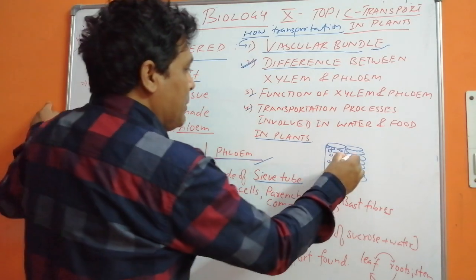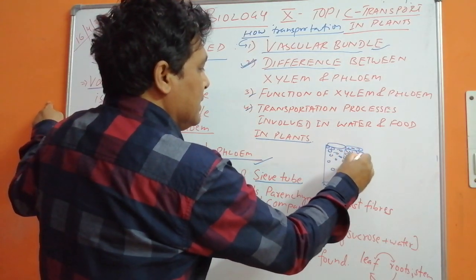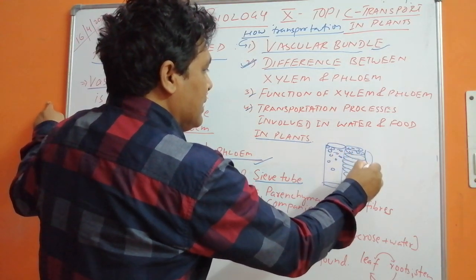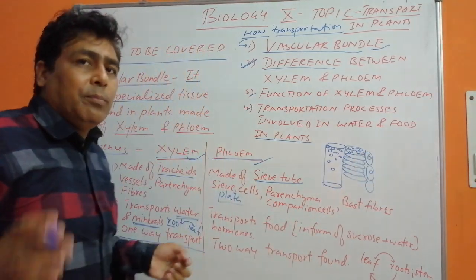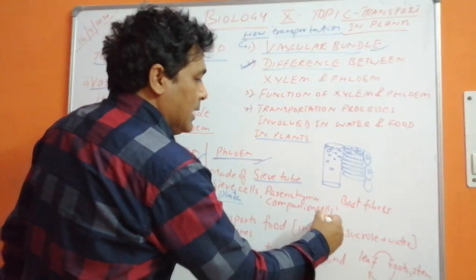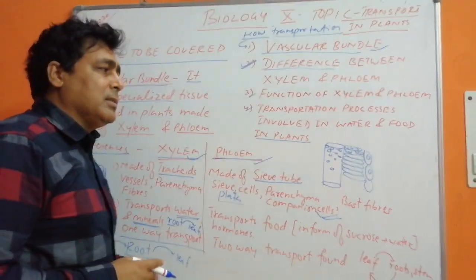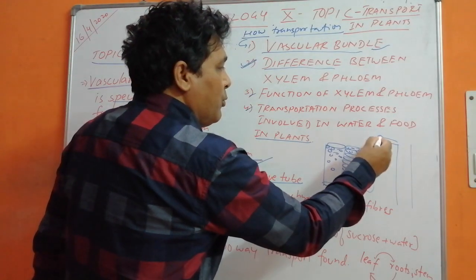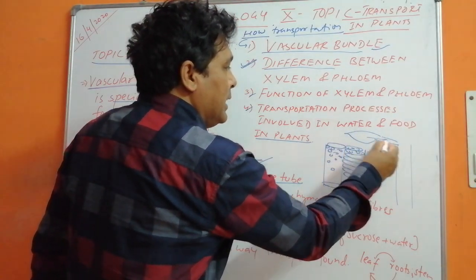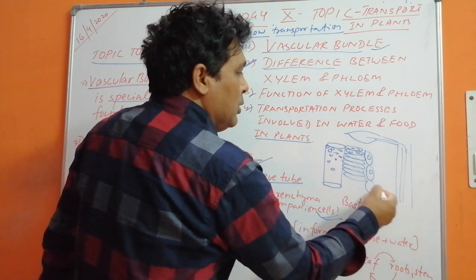The sieve cells make the plates, and then companion cells are there. These companion cells are very important because they actually guard the movement of the substances. Because the food is going to be prepared in the leaf, then it is transported with the help of the phloem.